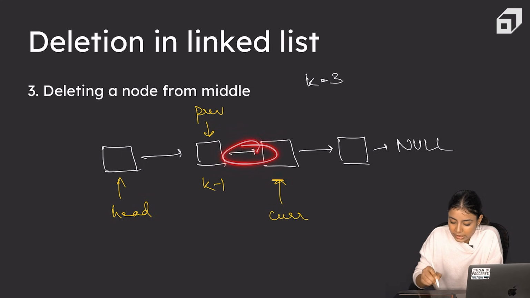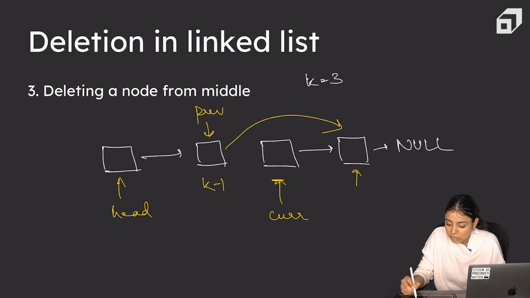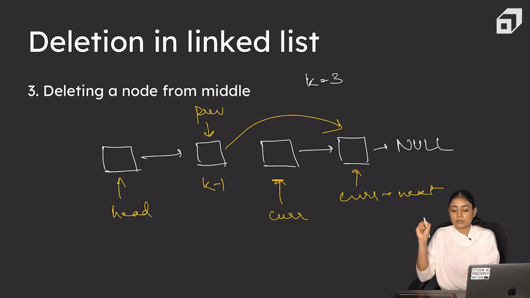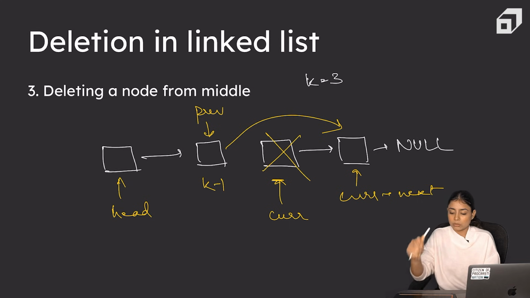I'll have to change this link, right? So I'll make this point to this node. How? I'll say the next of previous should be pointing to the next of current, which is this. Okay, if this is current, then this is next of current. So this is how I'll be able to connect previous with the next of current, and then once I've done that, I can delete this current node.